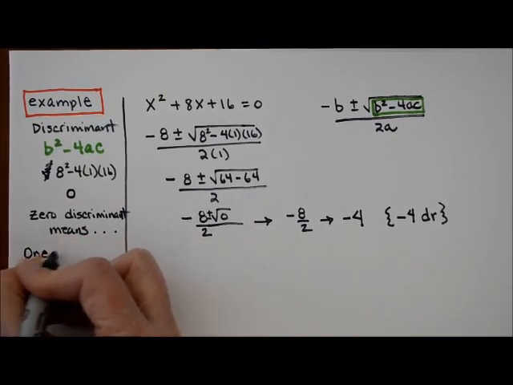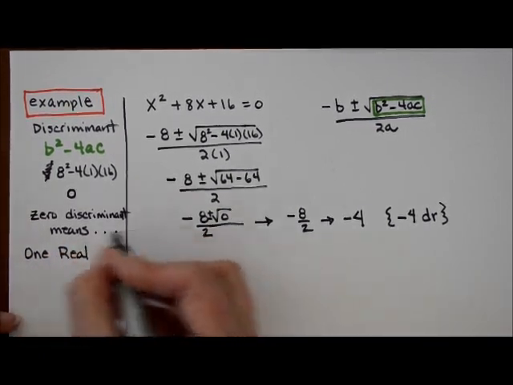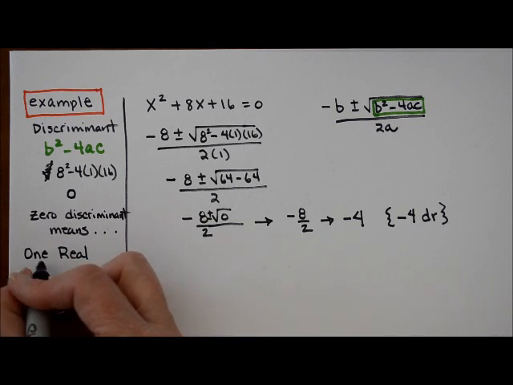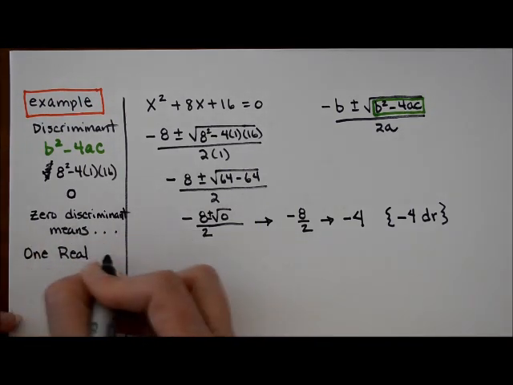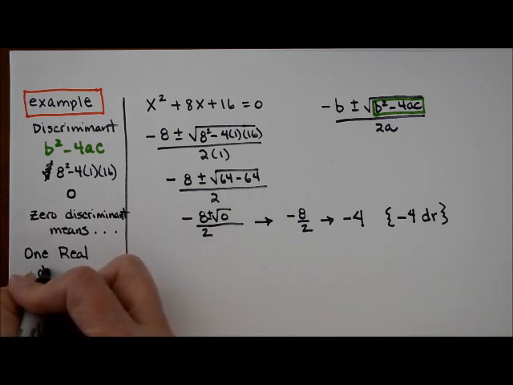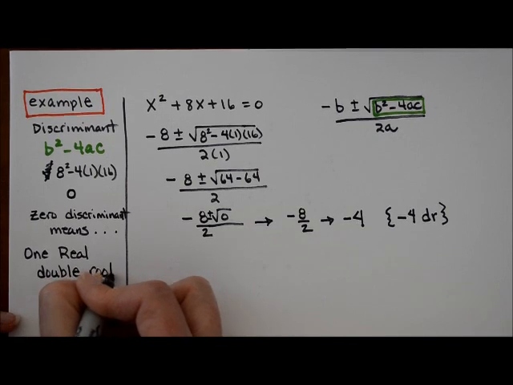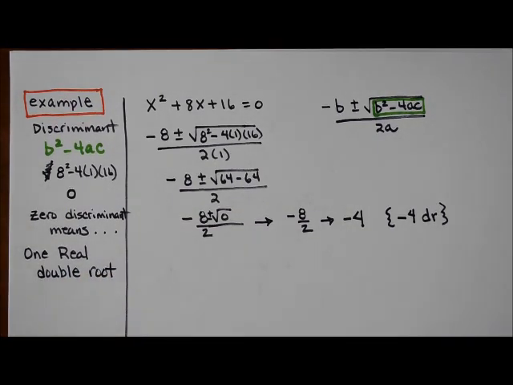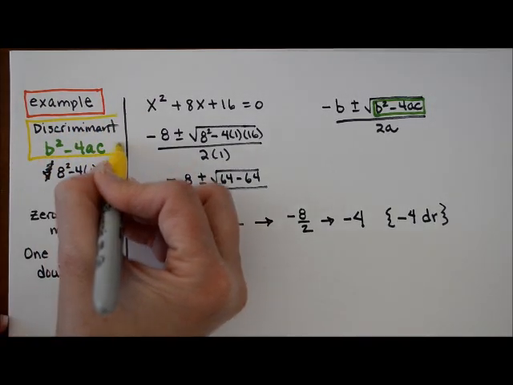1 real. It's real, it's not imaginary, right? It could be rational or irrational. This one happens to be rational. But 1 real double root. And we'll talk about rational, irrational in class. So this again is this kind of discussion about the discriminant.